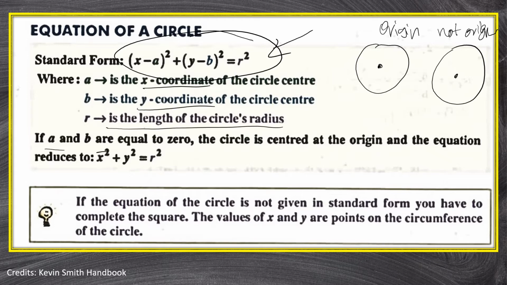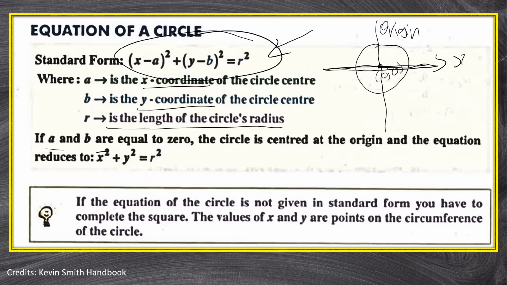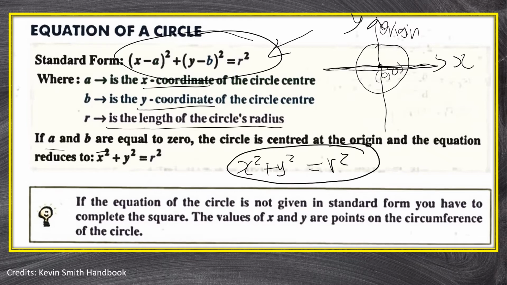So if our circle has a center at the origin, it means that our center will be (0, 0), because it is at the origin there, right? Let me draw it properly. If it's at the origin, like we are saying, the center will be (0, 0), meaning our equation will now change to x squared plus y squared is equal to r squared, and this will form part of an equation of a circle with the center at the origin.